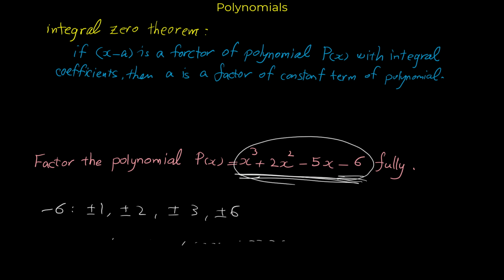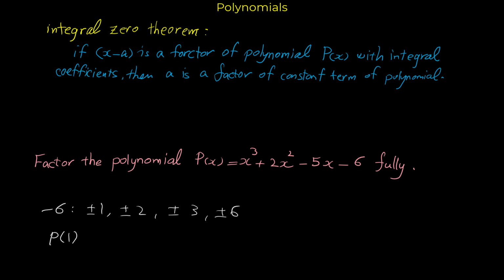But how do we know which one of these is actually a factor or not? Because these are only possible factors, to figure out which one of these are a factor or not, we use the factor theorem.